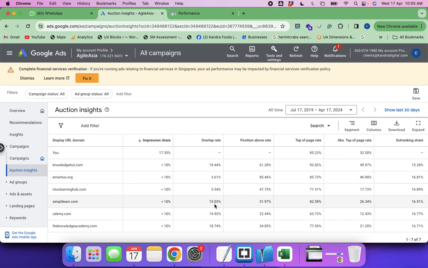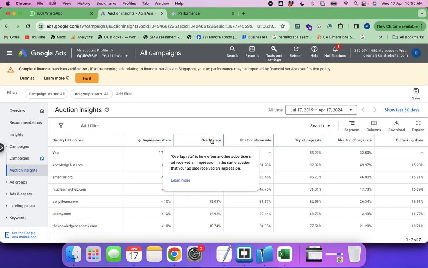Okay, so position above rate. You can read that. When you hover here, you will get to see the description, the explanation. Overlap rate is how often another advertiser's ad received an impression in the same auction that your ad also received an impression. So it's basically the same set of keywords, 19 percentage.